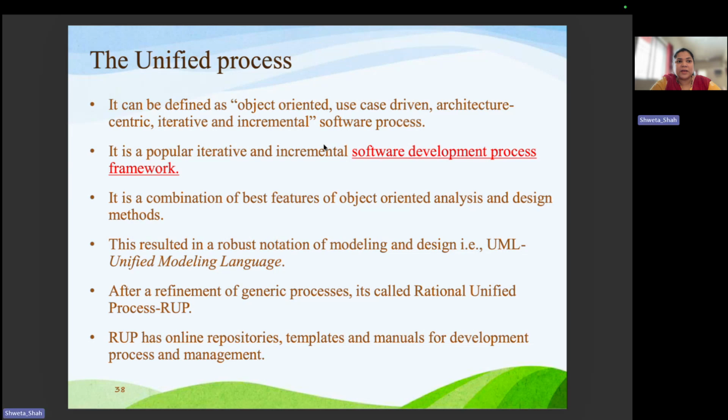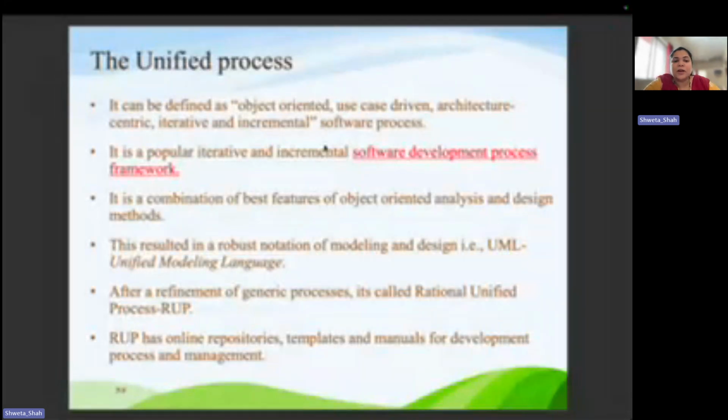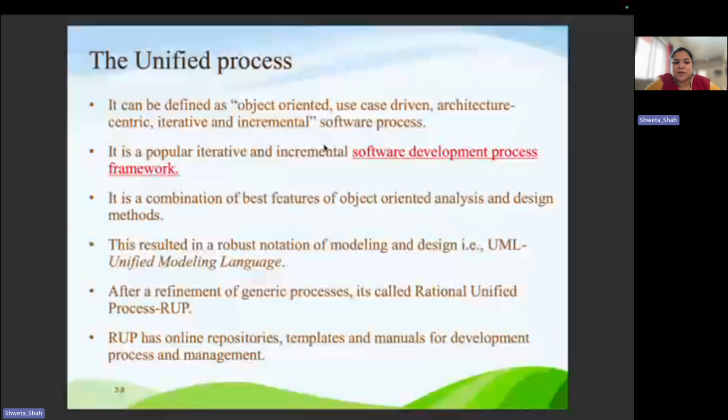This resulted in a robust notation for modeling and design, that is the Unified Modeling Language. After a refinement of the generic process, it is called the Rational Unified Process. RUP has online repositories, templates, and manuals for the development of the process and management.